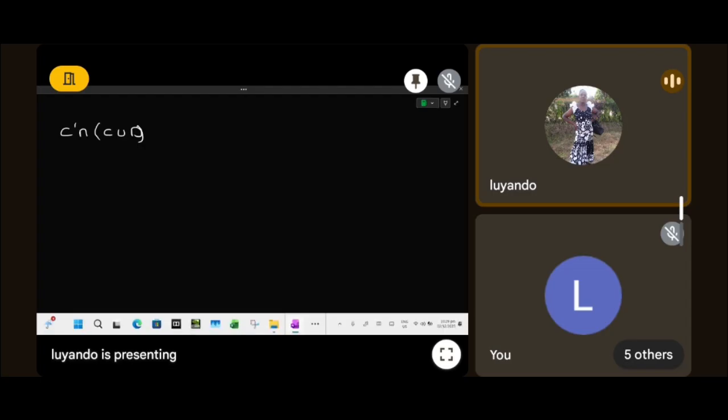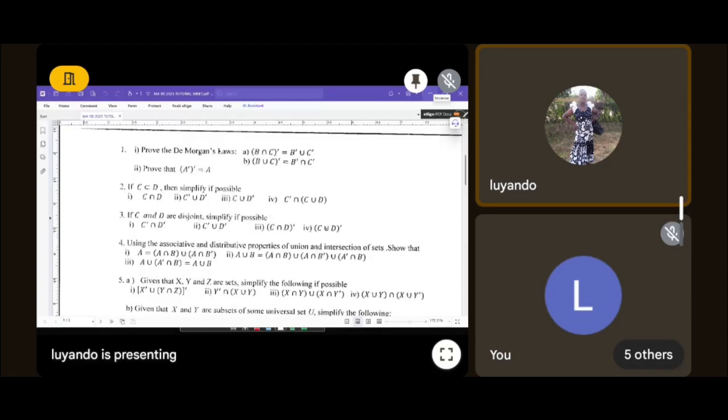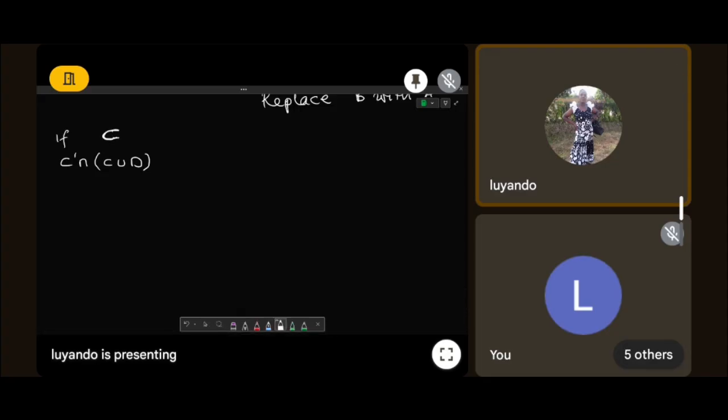Okay, let me check again to see if what I've written is the correct thing. Okay, yeah. So it says if C is a subset of D. Well, let's see if we can simplify this.